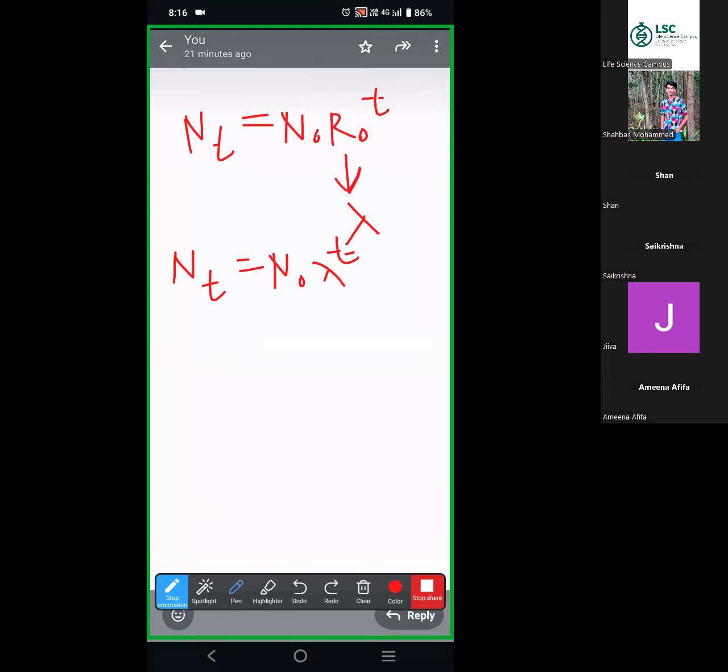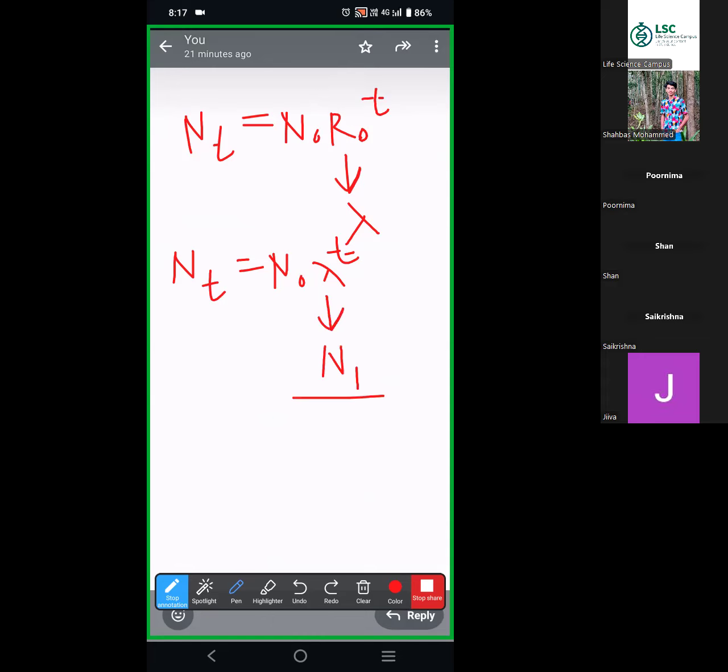What is this lambda? Finite rate of increase. So it is the ratio of population size from one year to the next year, that is N1 by N0. So you can use an equation for finding out the population size in the future generation.